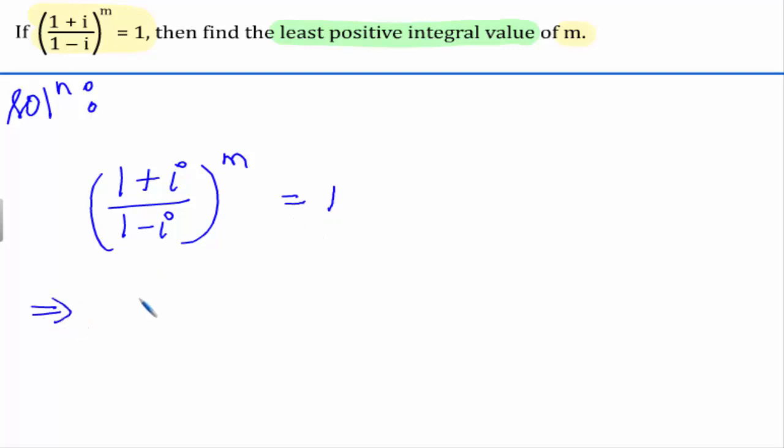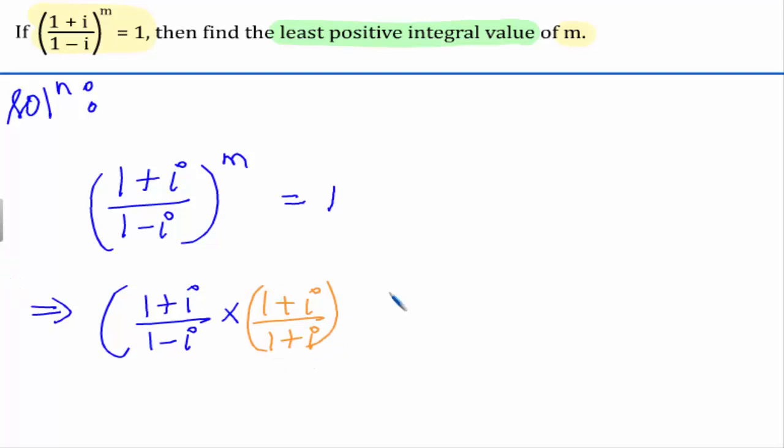This implies 1 plus i divided by 1 minus i multiplied by, let us multiply the numerator and the denominator of 1 plus i divided by 1 minus i by the conjugate of 1 minus i, that is 1 plus i, and we have whole raised to the power m. This will be equal to 1.